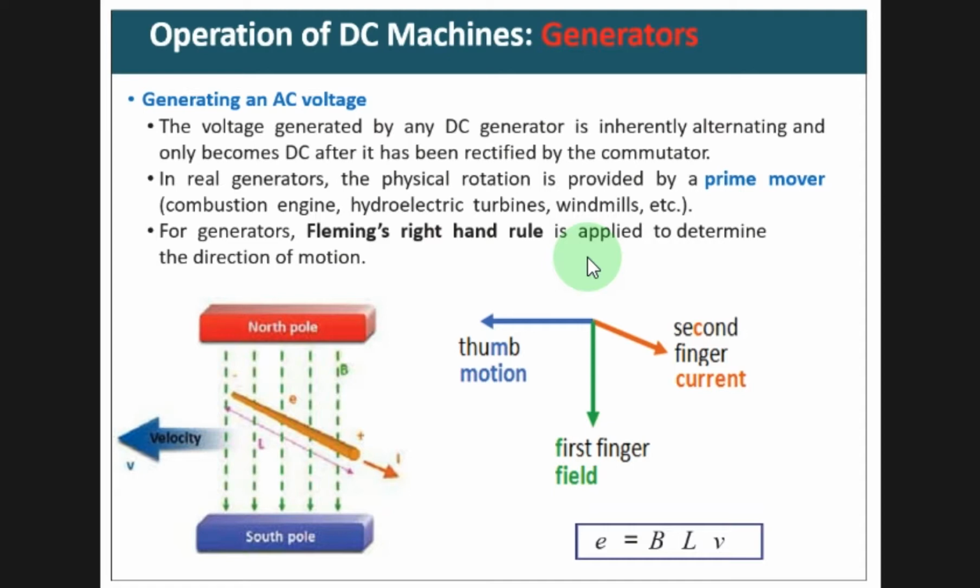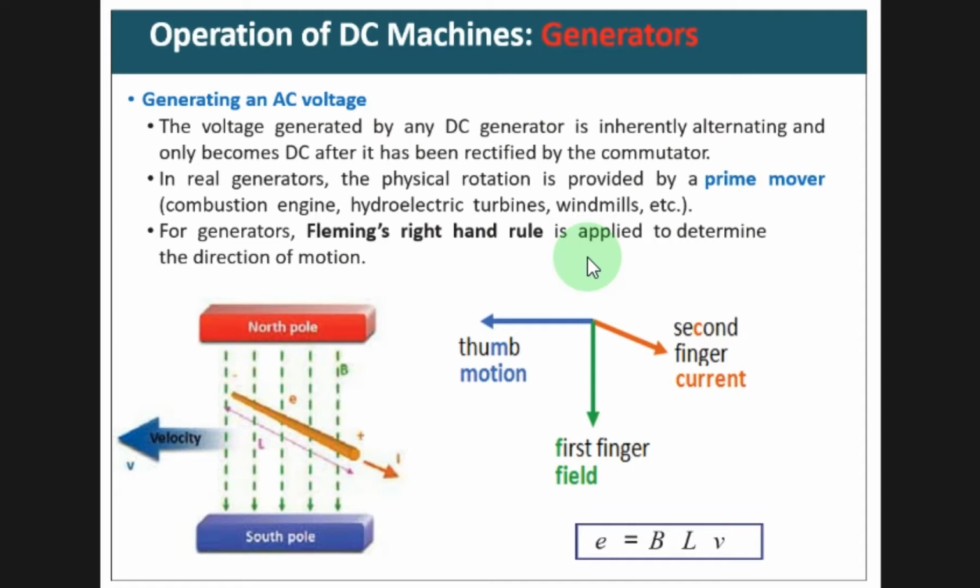And remember the flux density. When we say flux density, it is the flux that is perpendicular to the conductor, right?